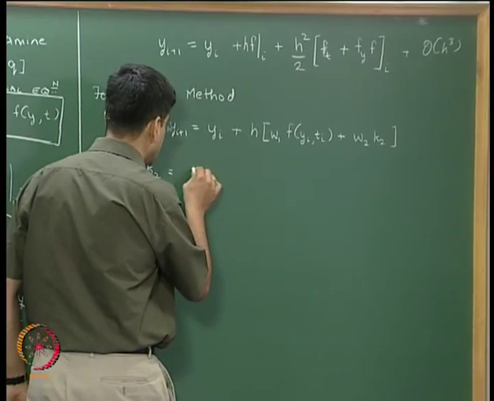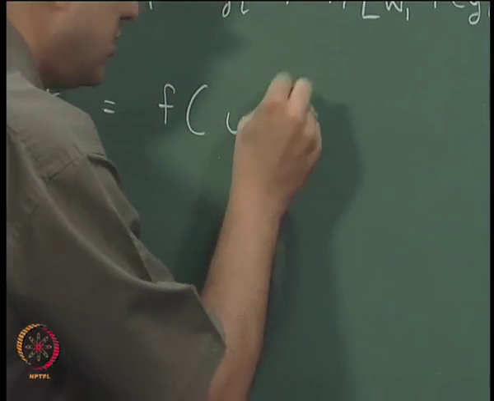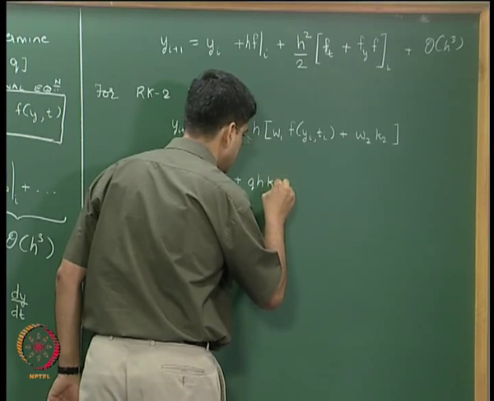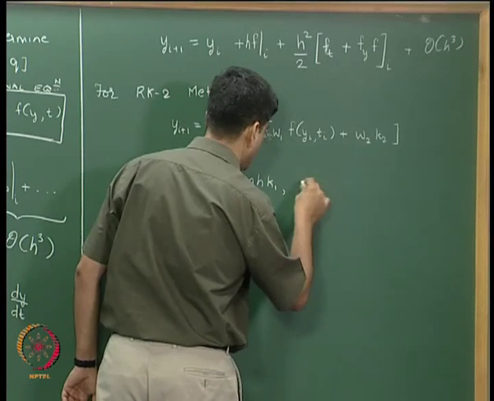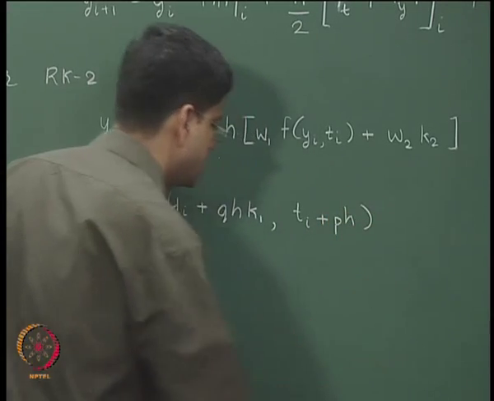Okay. So, k2 is going to be f computed at yi plus q h k1 comma ti plus ph. Okay.